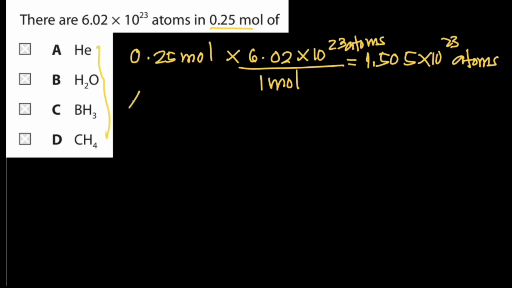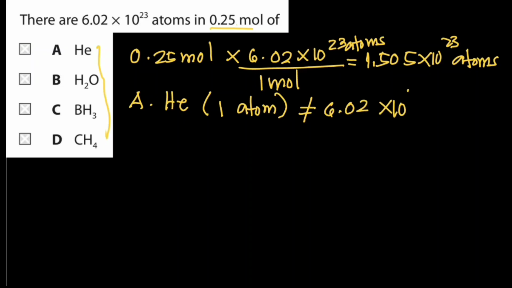So let's start with option A, that is helium. Helium here only has one atom. So that means this is not equal to 6.02 times 10 to the 23rd atoms.